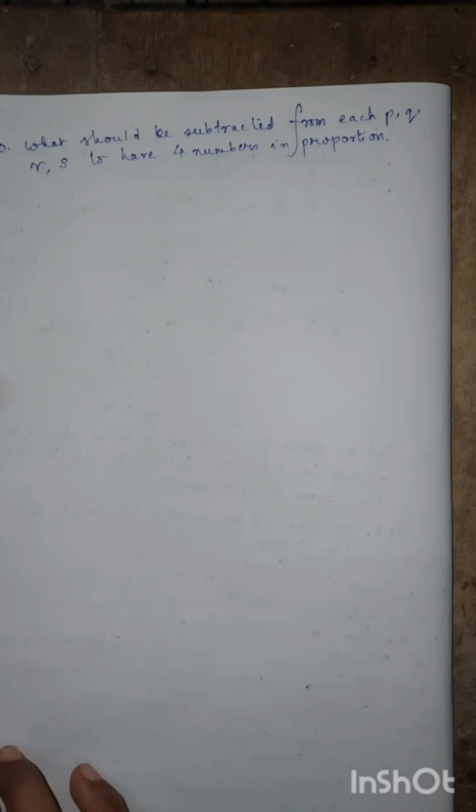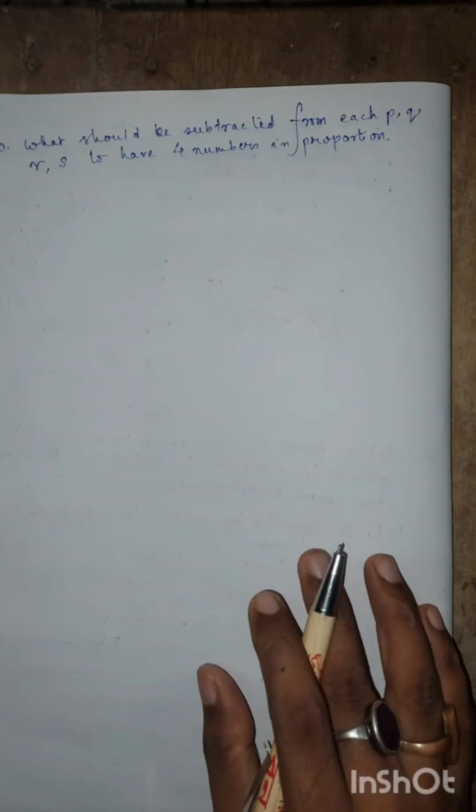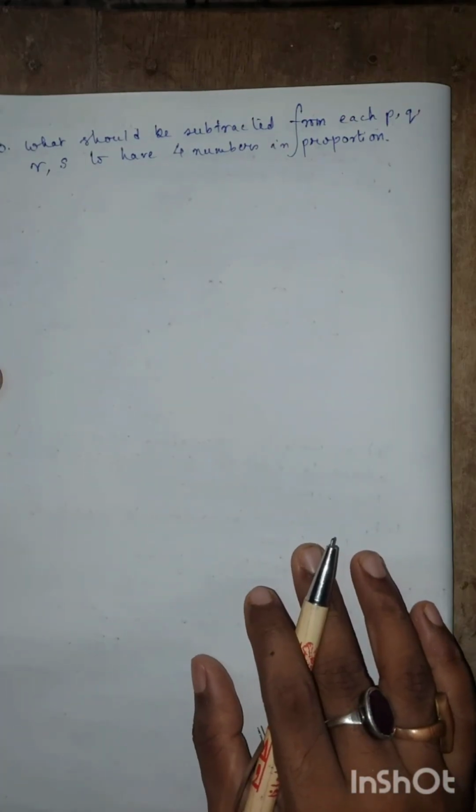So, what should be subtracted from P, Q, R, S to have four numbers in proportion? This is similar to question number 9, but still let us do it.